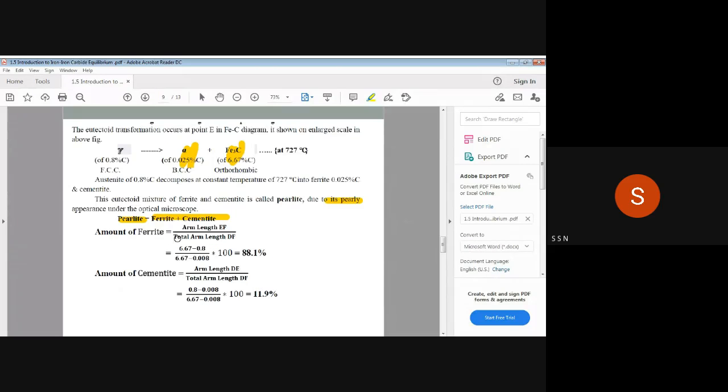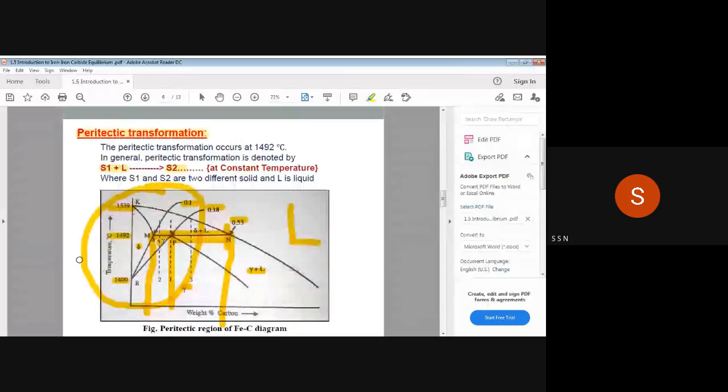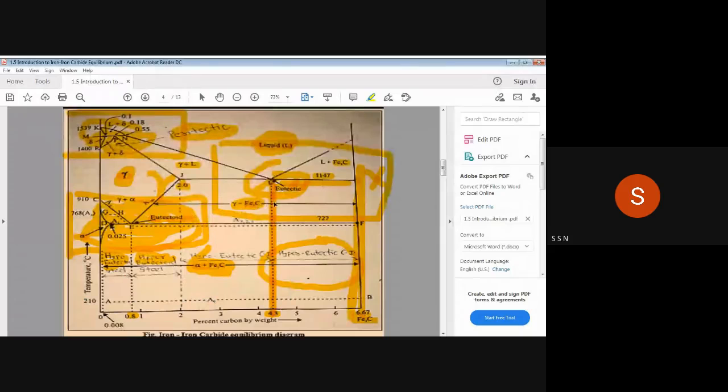We may say this is a perlite, so perlite is nothing but ferrite plus cementite. So these three transformations we have seen: peritectic transformation, eutectic transformation, and eutectoid transformation. So these are important. Through this, we have seen various phases.